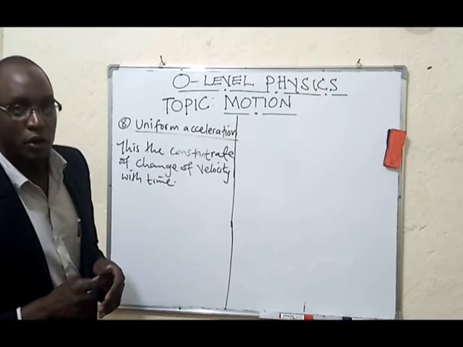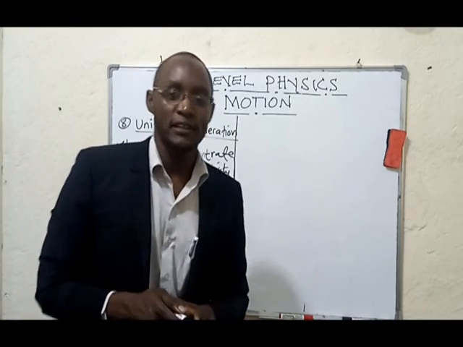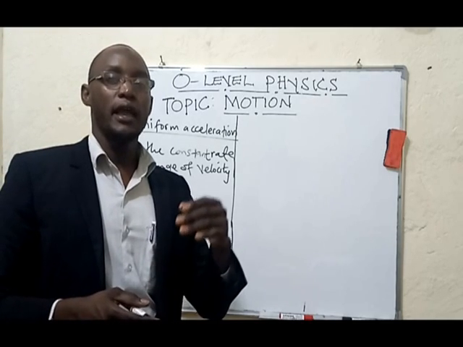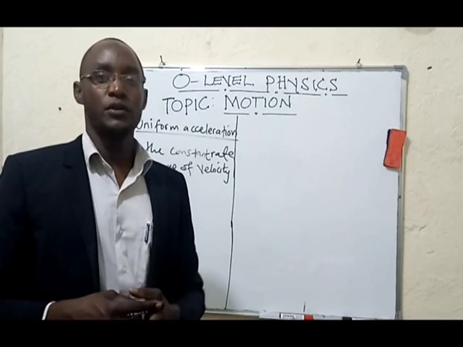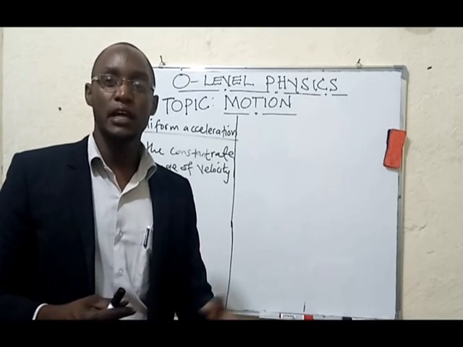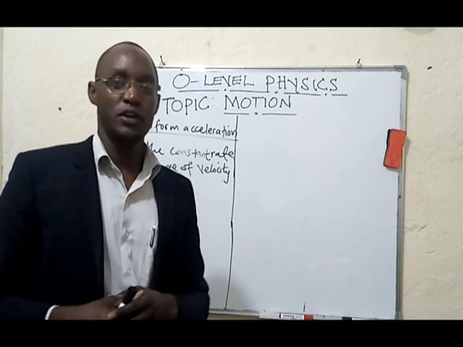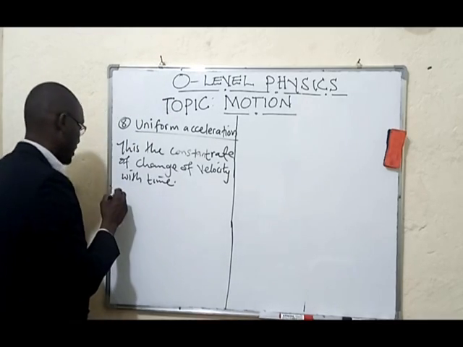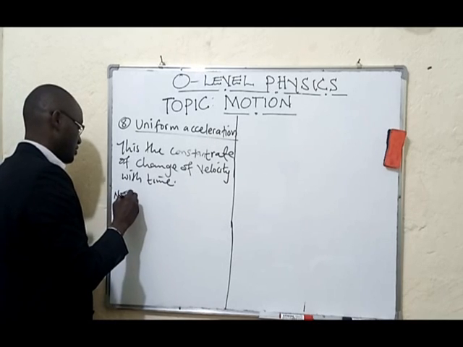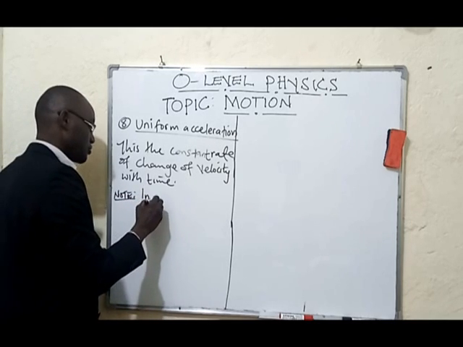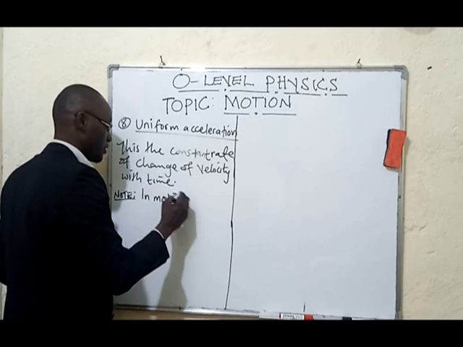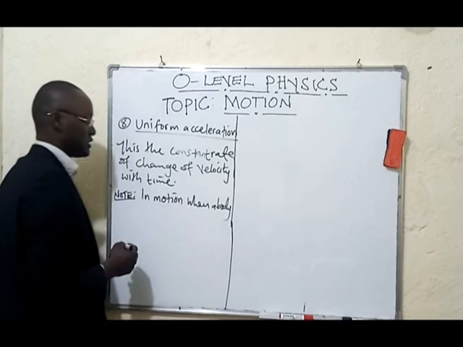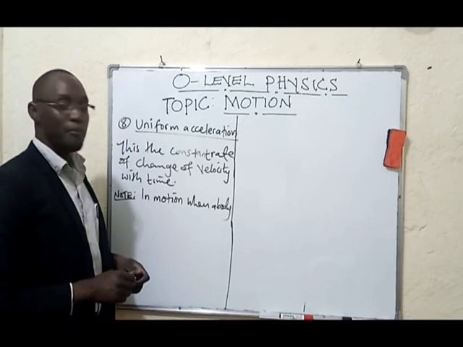Now, in motion, if a body starts from rest, once you hear the word rest, then a body has started with a velocity of 0. Remember we said initial velocity or starting velocity is denoted by u. So take note: in motion, a body is a general term for any object.